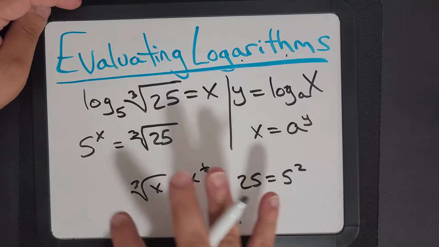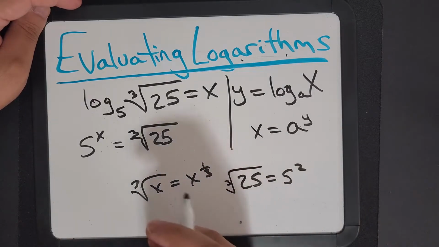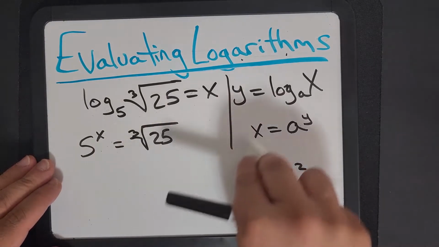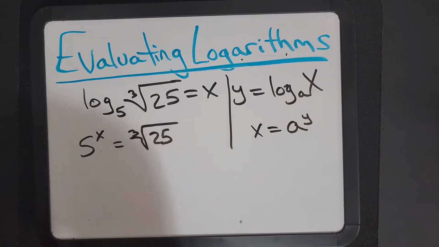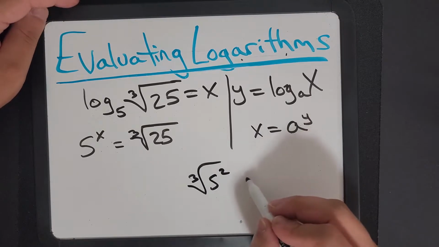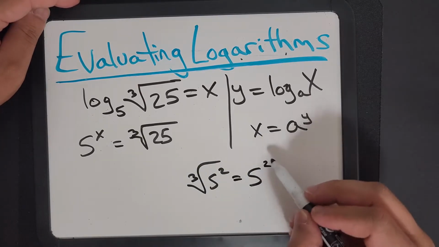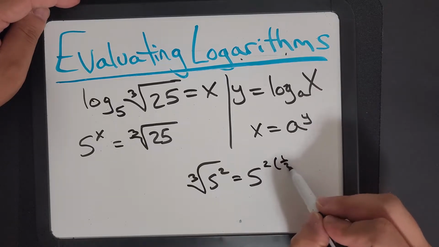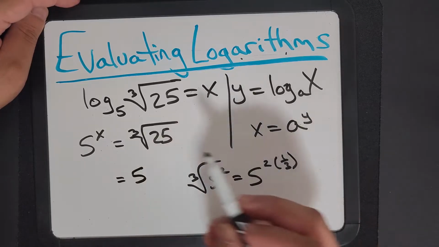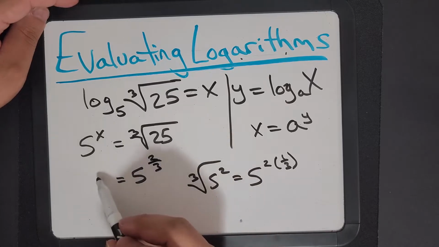So if I have the cube root of 5 squared, that's basically saying 5 to the power of 2 times 1 over 3, which is also 5 to the power of 2 over 3.